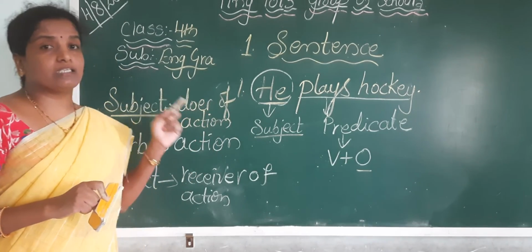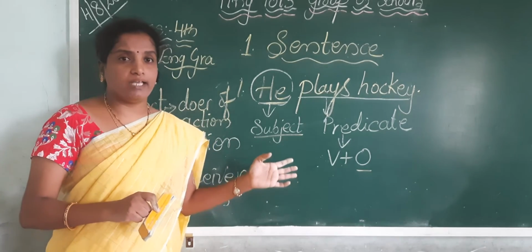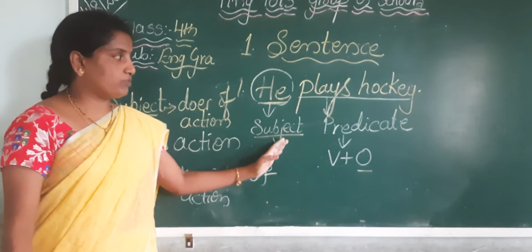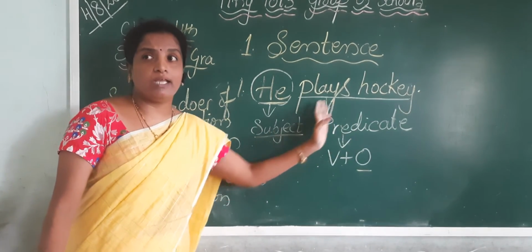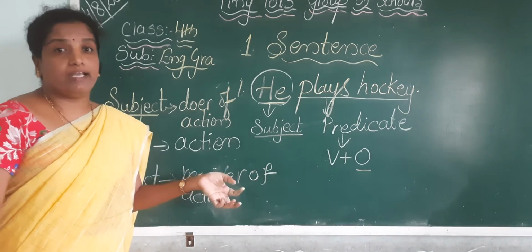And the sentence includes the subject as well as the predicate. The doer of the action is known as the subject and the remaining whole part is known as the predicate.